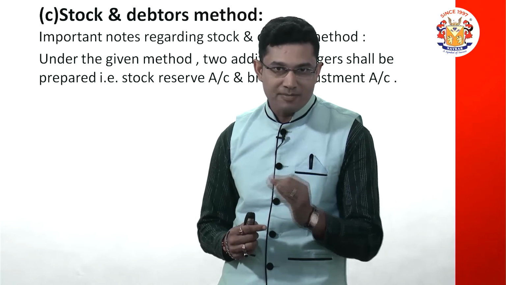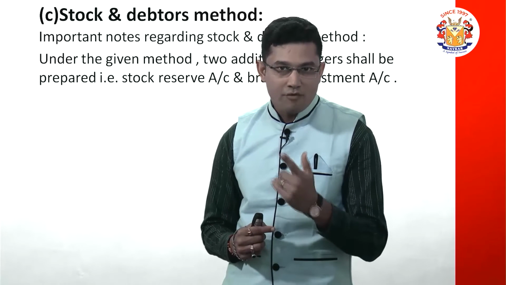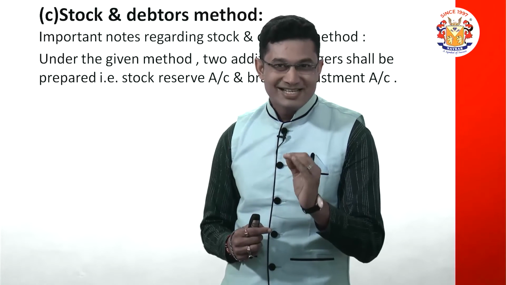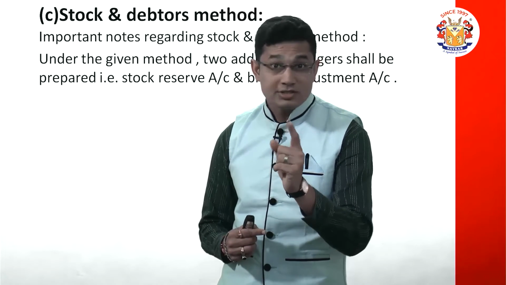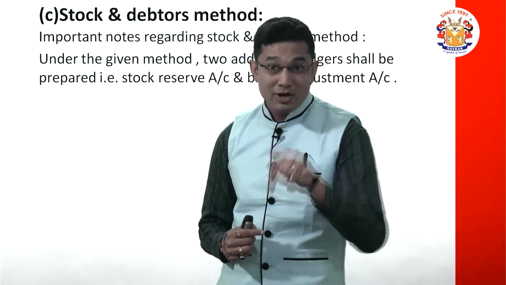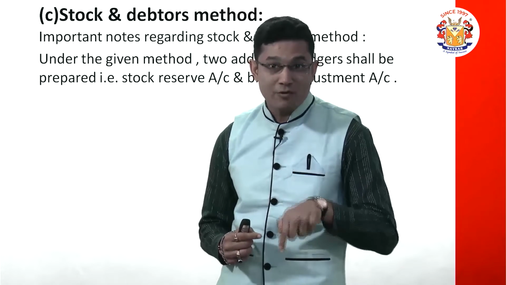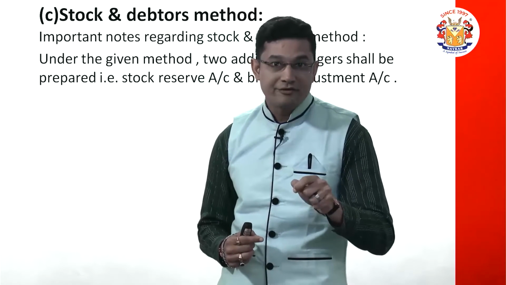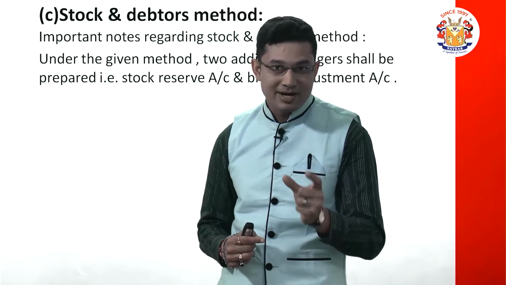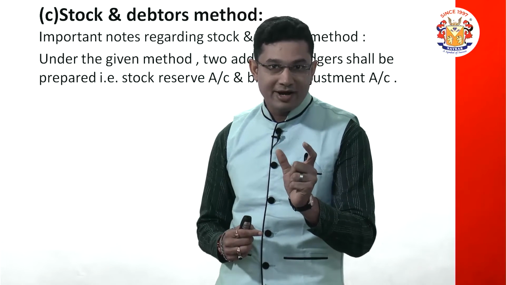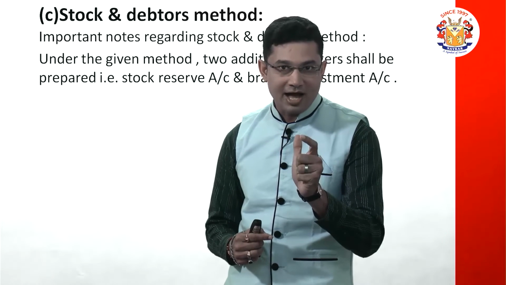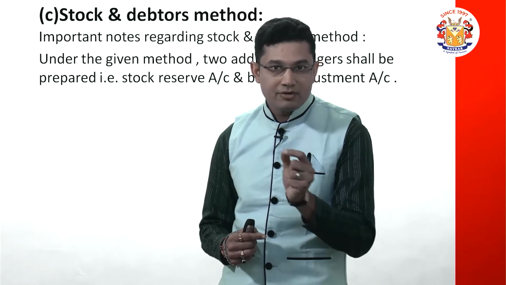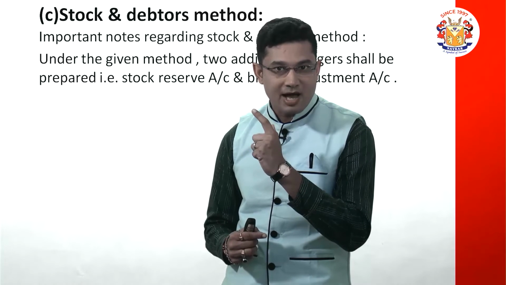I am repeating, normal profit of branch means selling price minus invoice price, not selling price minus cost price, because in this question cost price and invoice price both are different.